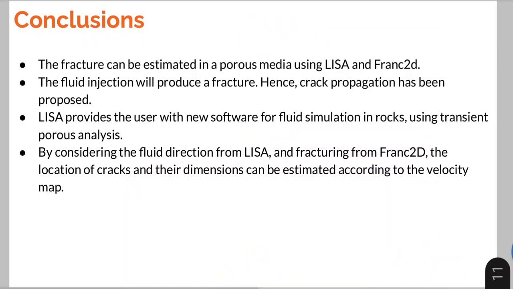Conclusions. The fracture can be estimated in porous media using LISA and Frank 2D. From LISA, we can estimate the fluid flow and velocity map, and from Frank, we can simulate the crack path.